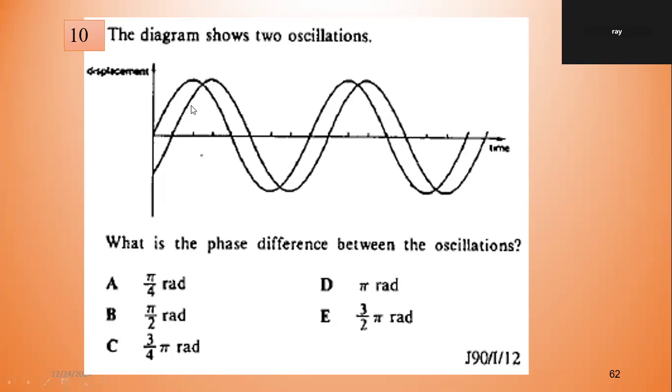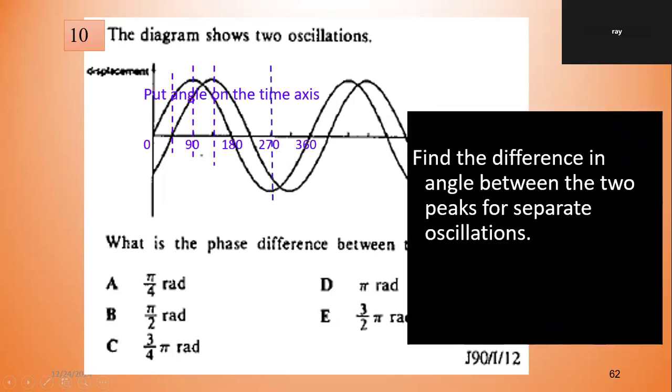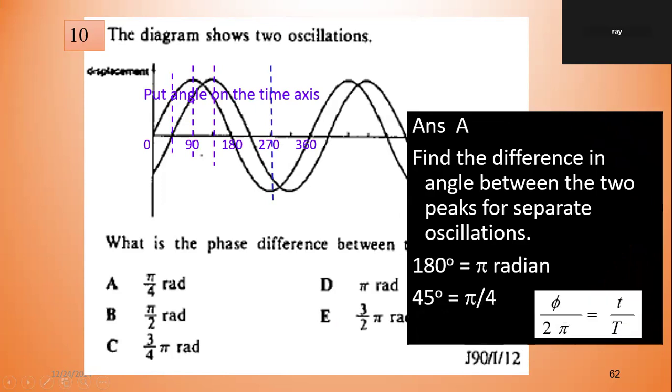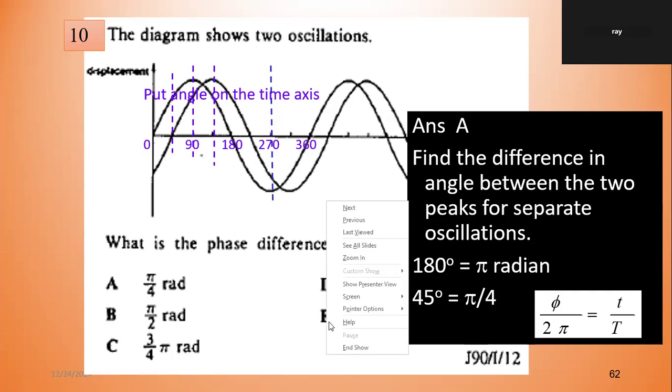This is 90. This one to here 90. This difference is half of 90, which is 45. Okay, good. Or you can use the formula to calculate. Can do mentally if you can. Okay, let's try one more.